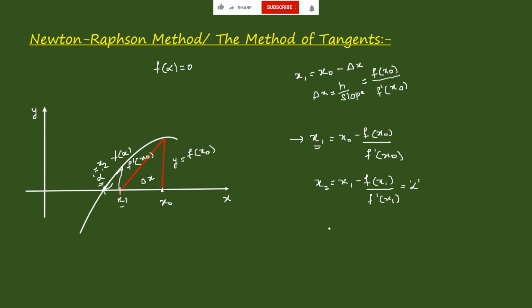When you substitute the value of f of alpha, we get a value of 0 or approximately 0. So this alpha value or x2 value is nothing but the root of the equation f of x. This method is used to find the roots of an equation. This is nothing but the Newton-Raphson method.